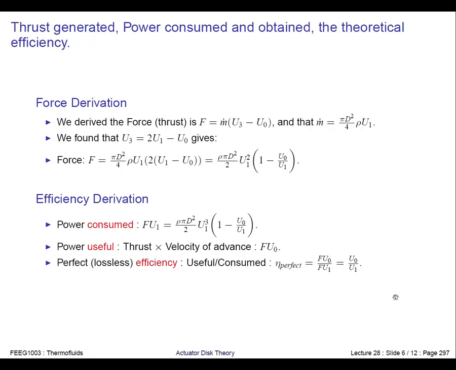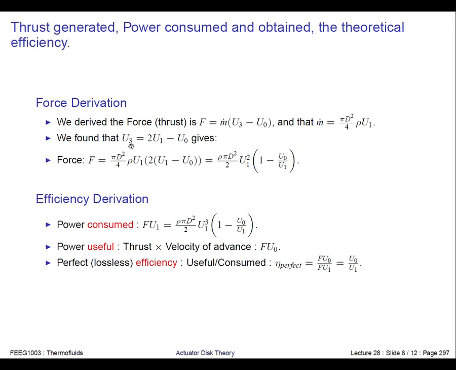So we can play around a little bit with the force derivation, and we do this so we can look at the comparison between power and efficiency. We know that our force from the large control volume is this, and we know that the mass flow through the propeller blade is this, and we've also found this constraint.